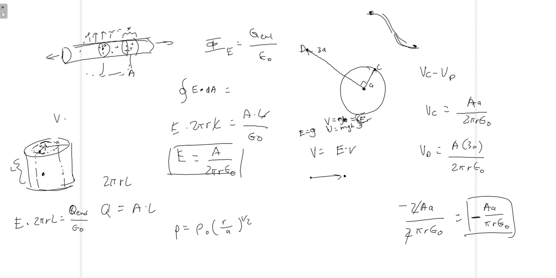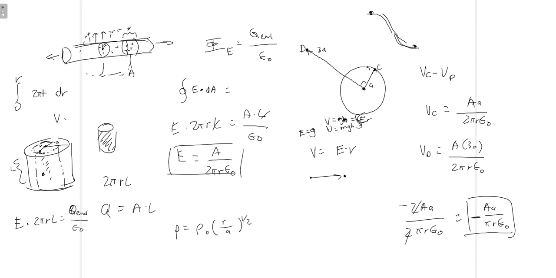In order to find how much charge is in here, we have to integrate from 0 to r, where at each position of r we're going to find the charge in that cylinder and the surface area of that cylinder.